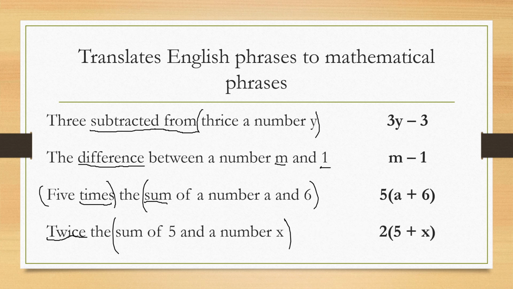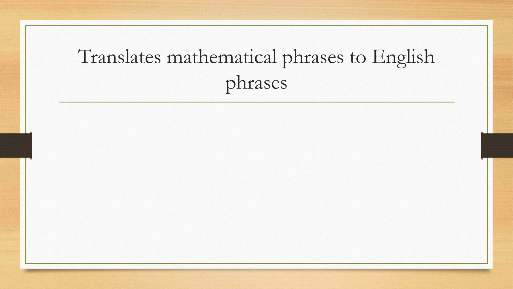So, twice the sum, and then the sum of 5 and a number x is 5 plus x. So, ganun lang yun. Mag-convert tayo ng English phrase to mathematical phrase. Tandaan lang po natin yung mga words associated sa ating operational symbol, and then we will come up with the mathematical phrase. And that is how you convert or translate English phrases into mathematical phrases.